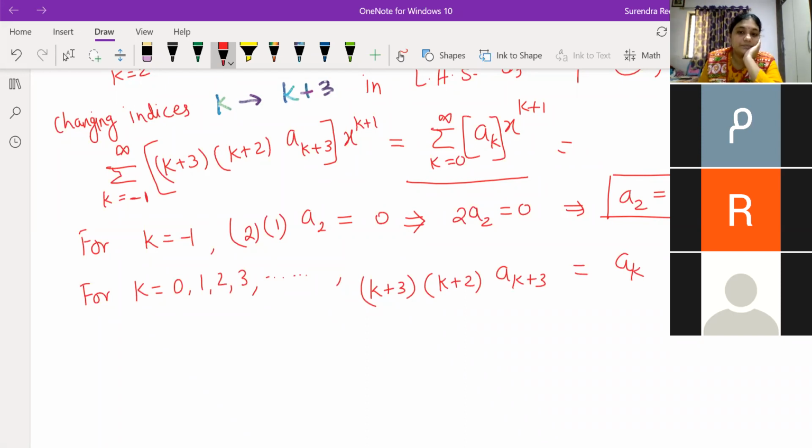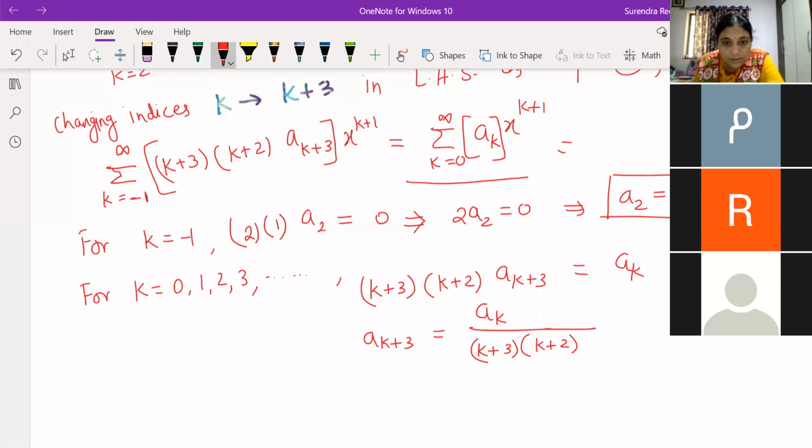So a k plus 3 is nothing but ak divided by k plus 3 into k plus 2. This is for k is equal to 0, 1, 2, 3, and so on.